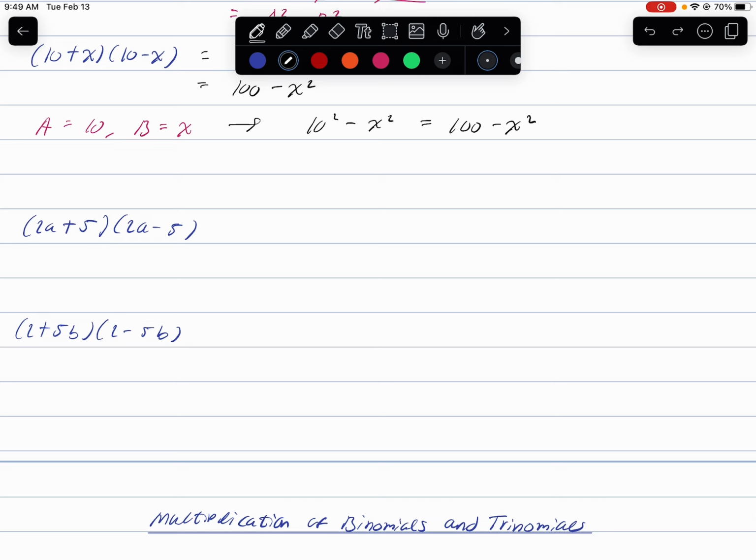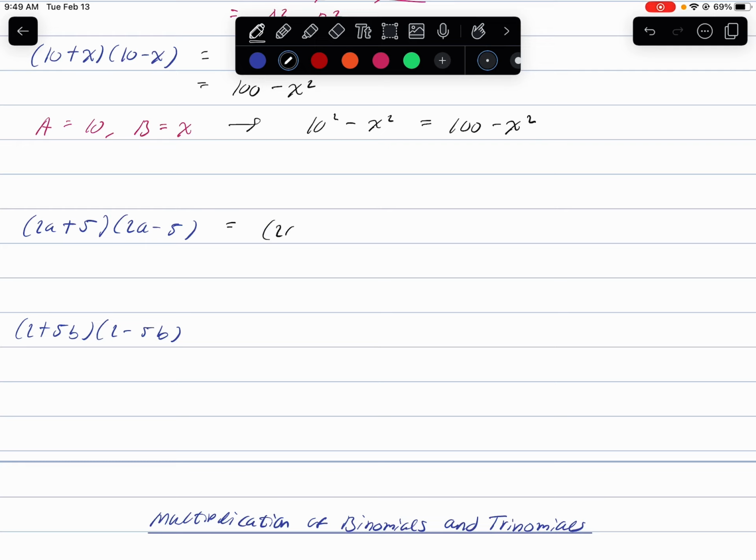So here, we have 2a plus 5 times 2a minus 5. So you have to confirm they are indeed conjugate binomials. So the 2a and 5, the only difference is the sign, plus, minus. So they are, in fact, conjugate binomials. So we can write this as our a term is 2a.